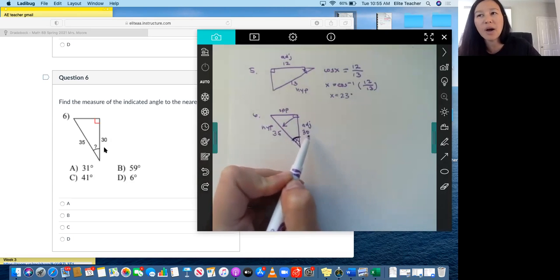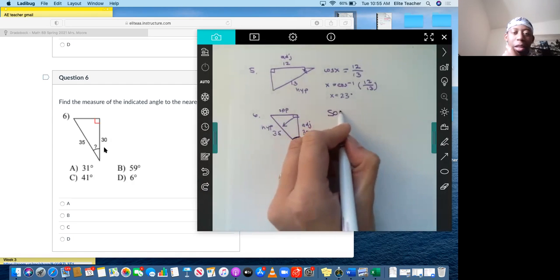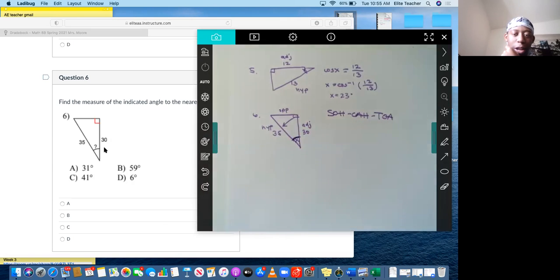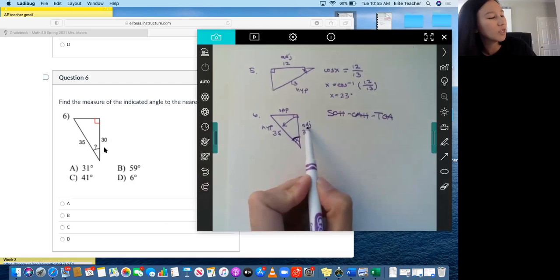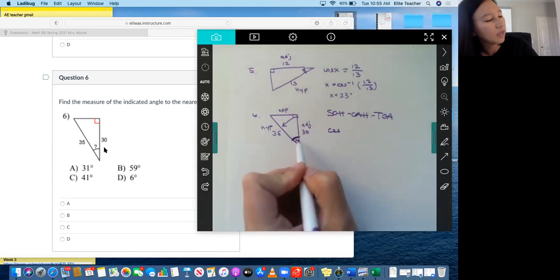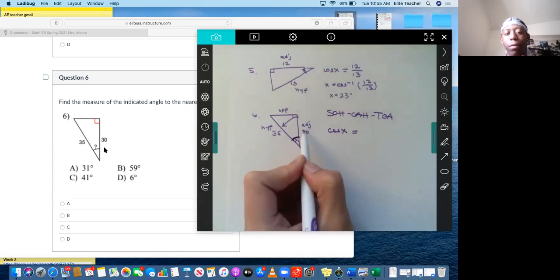So is that SOH, CAH, or TOA? I want to say CAH. Yep, because we have the adjacent, we have our A, and we have our H. So this is going to be the cosine of X equals 30 over 35.